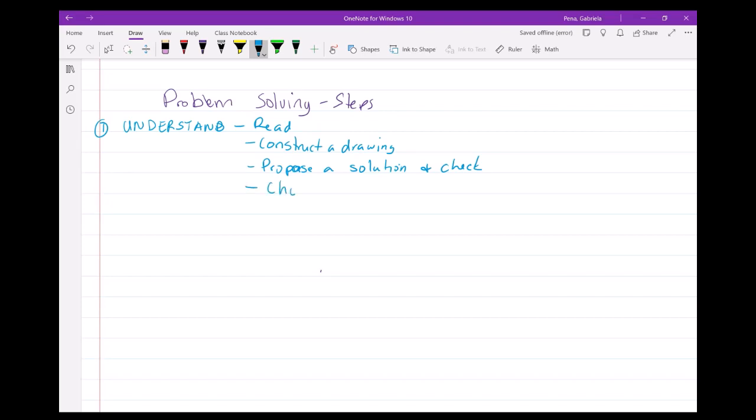You could choose a variable to represent an unknown, the way we have been doing in the problems that we just did right before. Now, the second thing you have to do is translate.